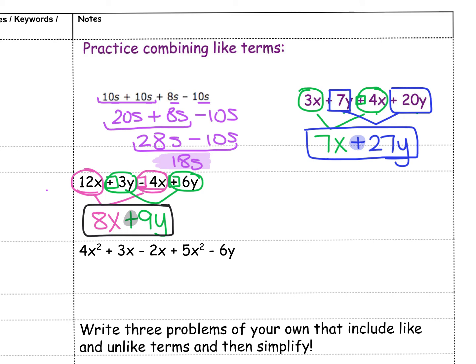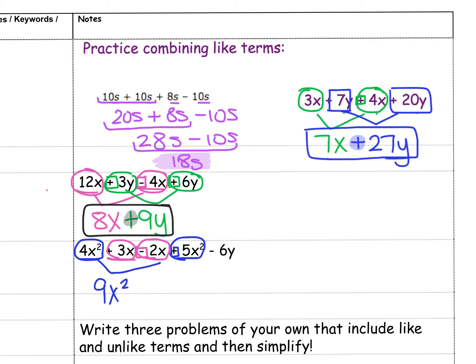We simply say, this is my answer. Then we have our last one. When I think about what is the same, so I have a 4x squared, and I see another x squared. So I'm adding, because there's a plus in the middle, so 4 plus 5 is 9, copy your variable. Then I have a 3x, and here's another x, so I'm going to take 3x minus 2x.